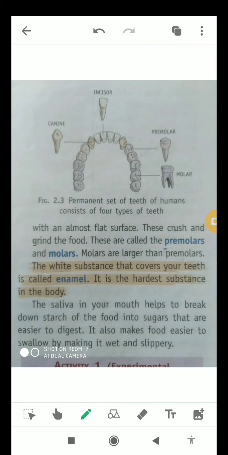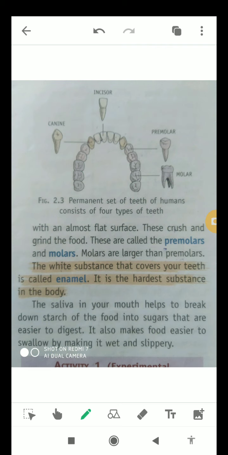These are known as premolars and molars. Molars are larger than premolars. As you can see in this diagram, the incisors are the front teeth, and next to the incisors are the canines, used for tearing the food. For grinding and crushing, premolars and molars are used.